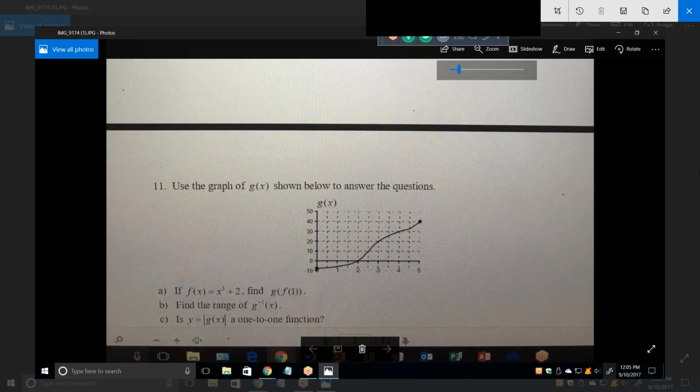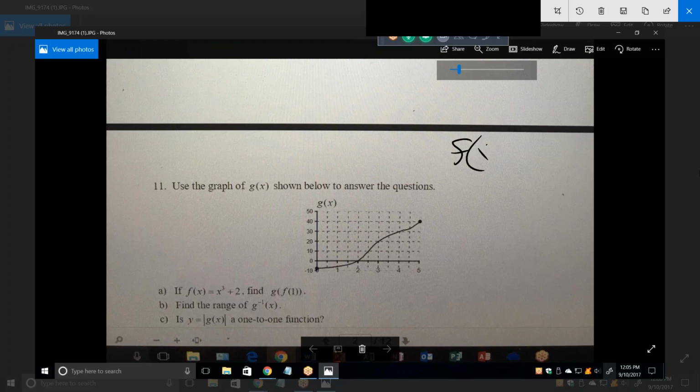What they're telling you is this graph is this function. I forgot how difficult they're making these. That's not f of x, that's g of x. Okay? Well, tell me what f of 1 is.